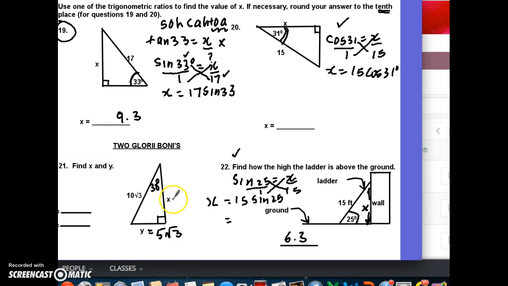The length of the longer leg is going to be the square root of 3 times the length of the shorter leg. So this would be 5 root 3 times root 3. Root 3 times root 3 is root 3 squared, which would be 3. So the answer here would be 15.